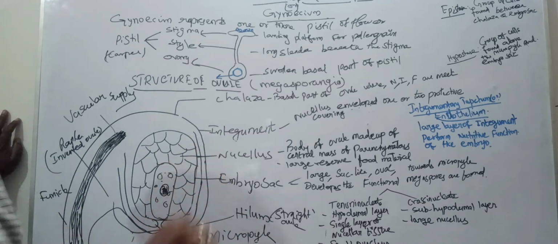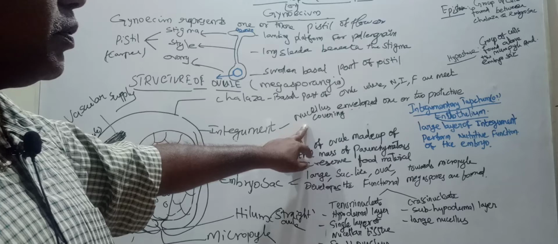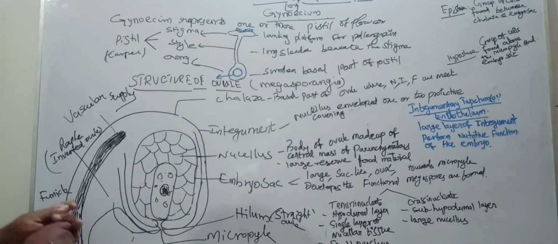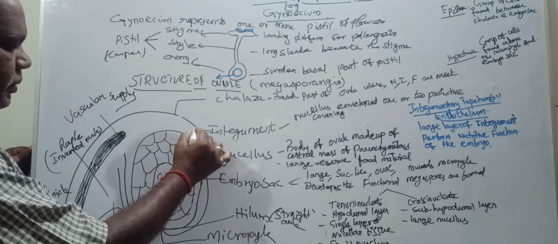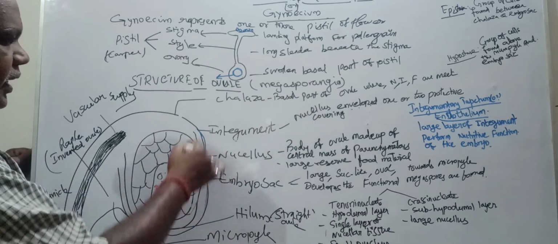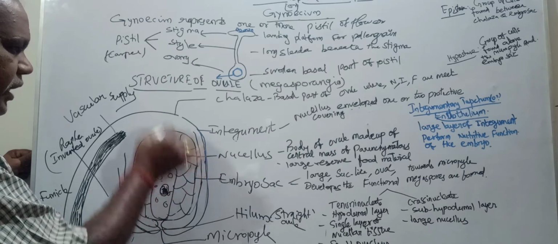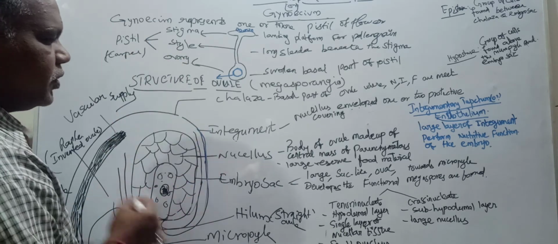What is the meaning of integument? The nucellus develops one or two protective coverings, which are called the integument. The covering layers protect the nucellus inside. What is the meaning of nucellus?